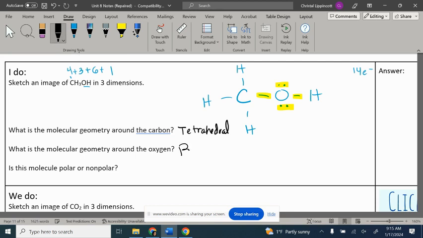Bent, right. Now, we essentially have two central atoms here. And if either one of them has a lone pair of electrons, we have a polar molecule. So this oxygen right here has lone pairs of electrons. That means that this is going to be a polar molecule.